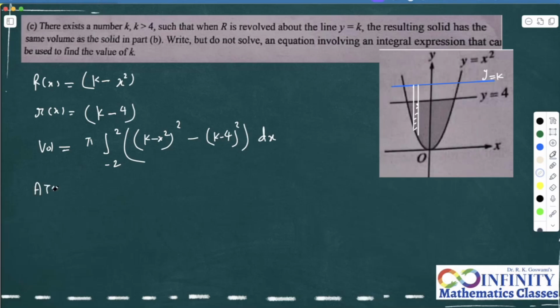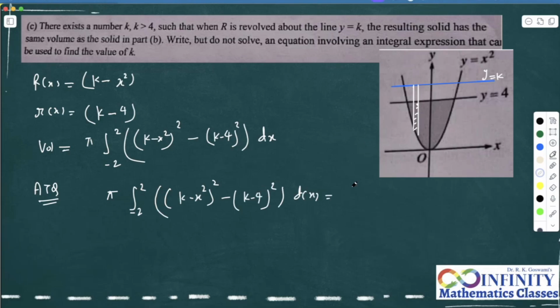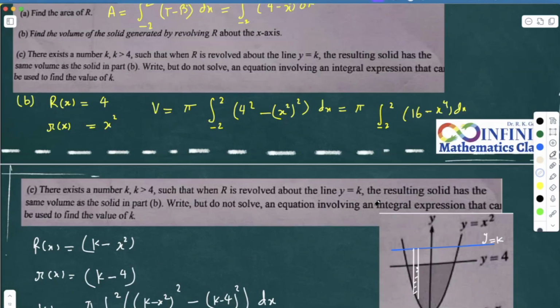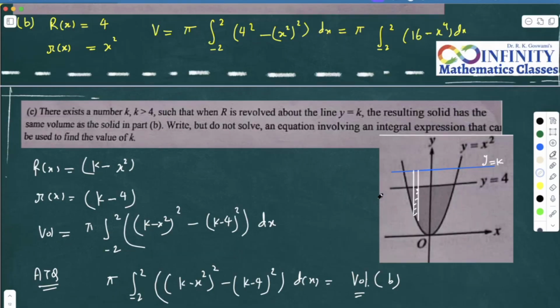According to the question, this volume is going to be equal to the volume you obtained in part B. We have not calculated fully the volume of part B. You need to calculate it and plug the value here. You need to just write the values, do not evaluate.